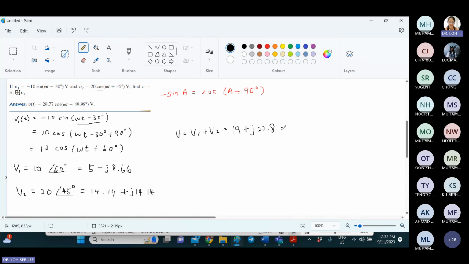You use your calculator, you can calculate directly. For this one, the square root of 19 squared plus 22.8 squared, and then this is first quadrant, arctan 22.8 over 19.